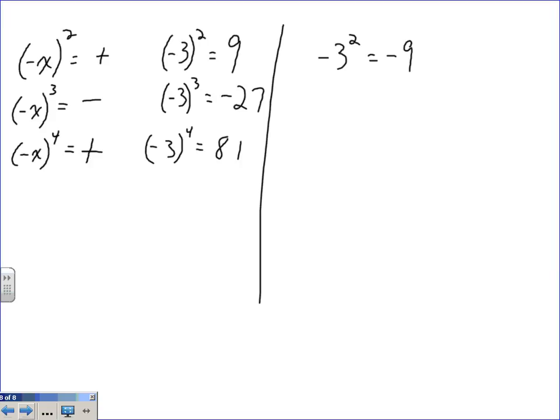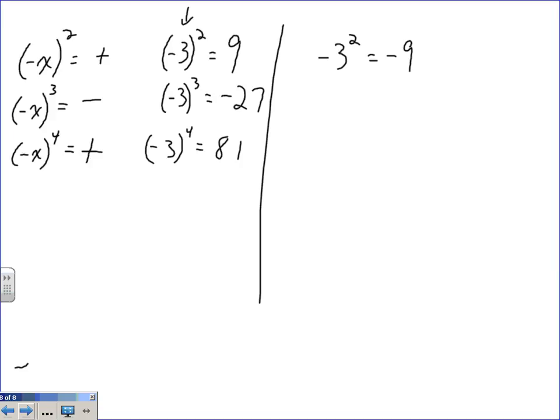And I don't want to get too much into it today because I think you're still confused with the exponents, but what this says is that you want the negative of 3 squared. That's why it's negative 9. The first problem here says you want negative 3 and then square it. Negative 3 times negative 3. This one means 3 squared, and then you want the negative of that. So you've got to be careful.